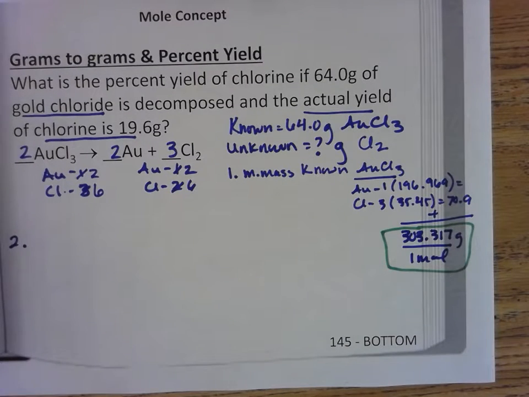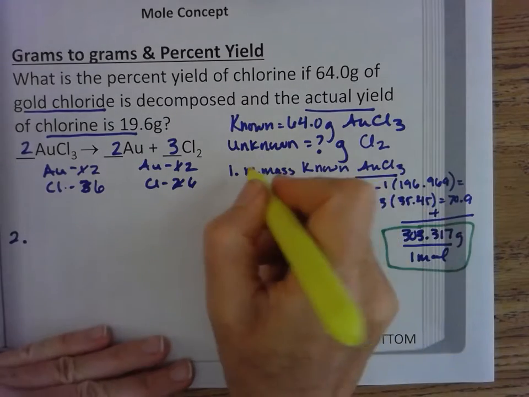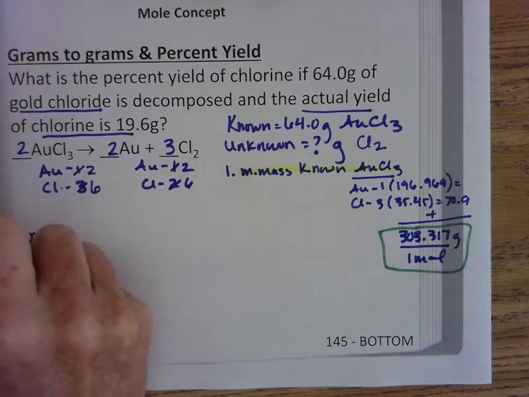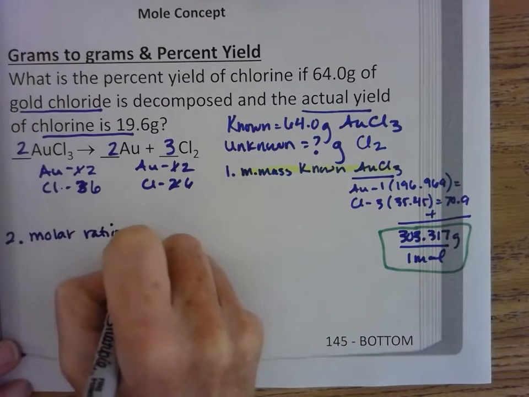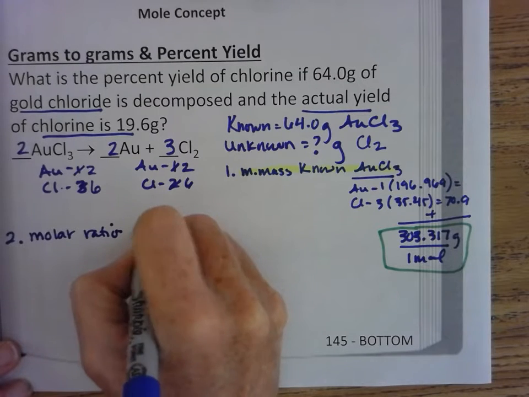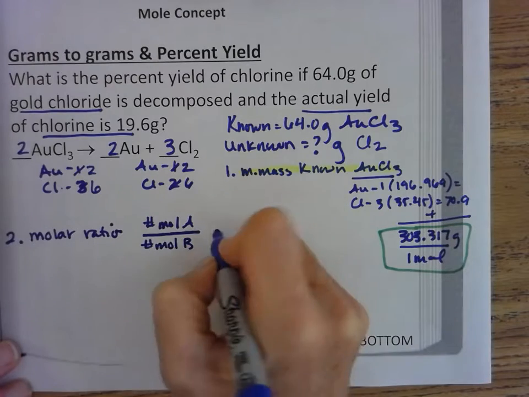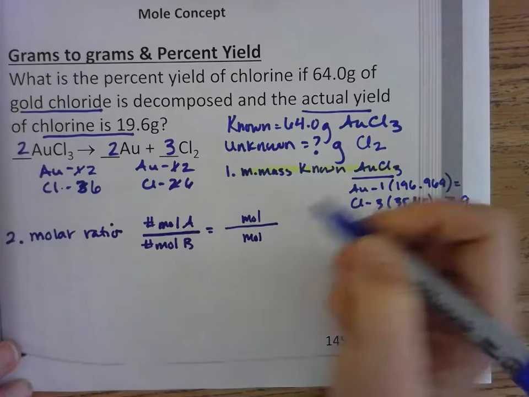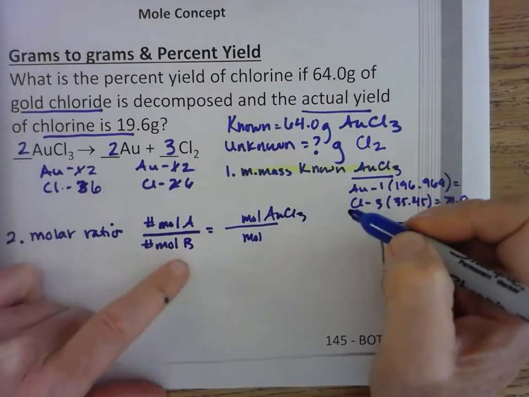Two, I need the molar ratio. So it's number of moles of A over number of moles of B, so it's mole to mole. The A is my known, AuCl3. The B is my unknown.